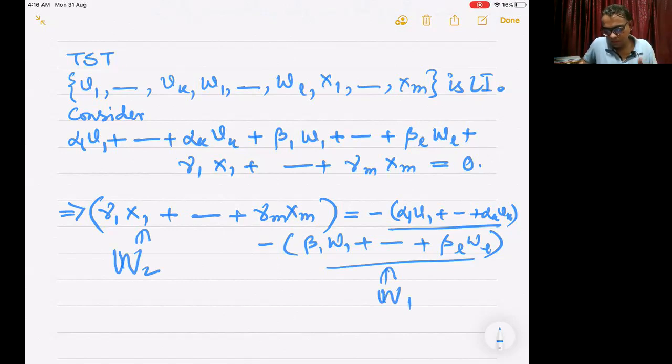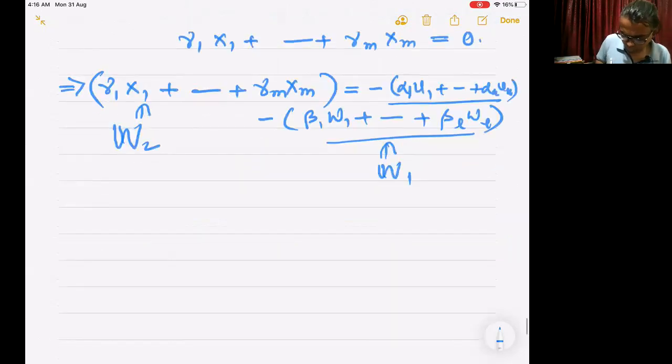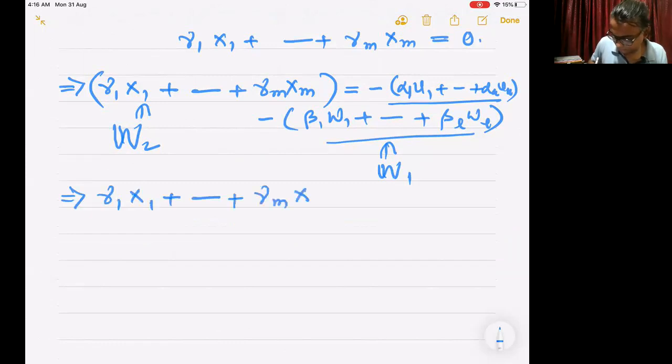That single vector, the left hand side of the identity says that this vector must belong to W2, and the right hand side of the identity says that the same vector must belong to W1, right? So this vector must belong to W1 intersection W2. So this implies gamma 1 x1 plus dot dot dot gamma m xm must belong to W2 intersection W1.